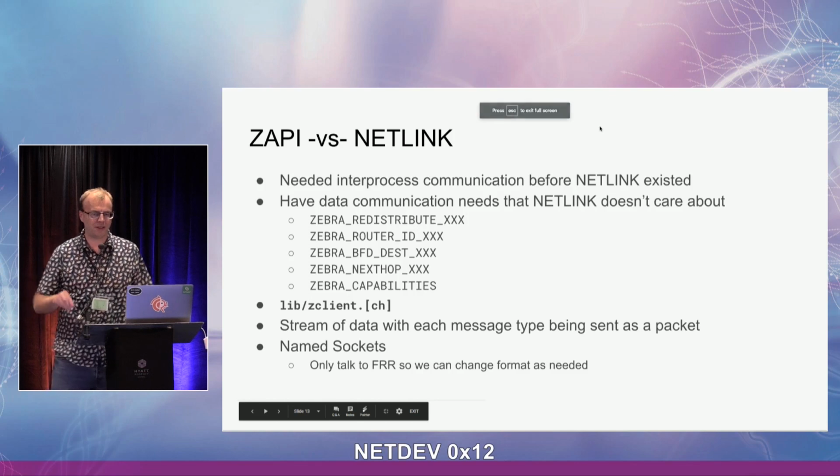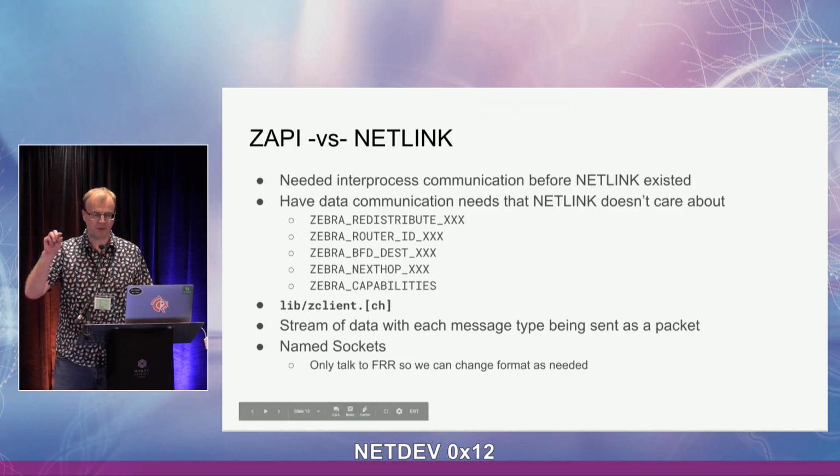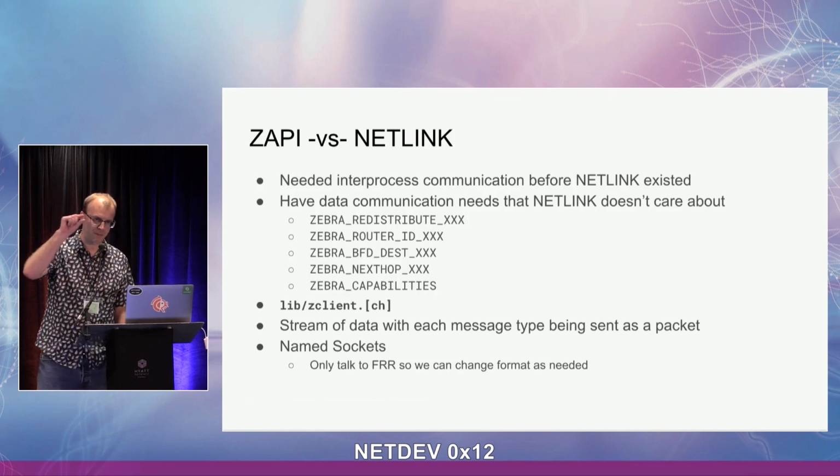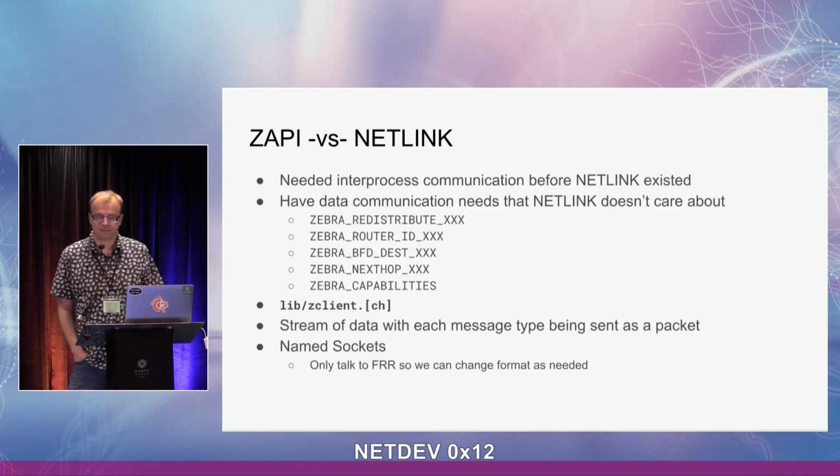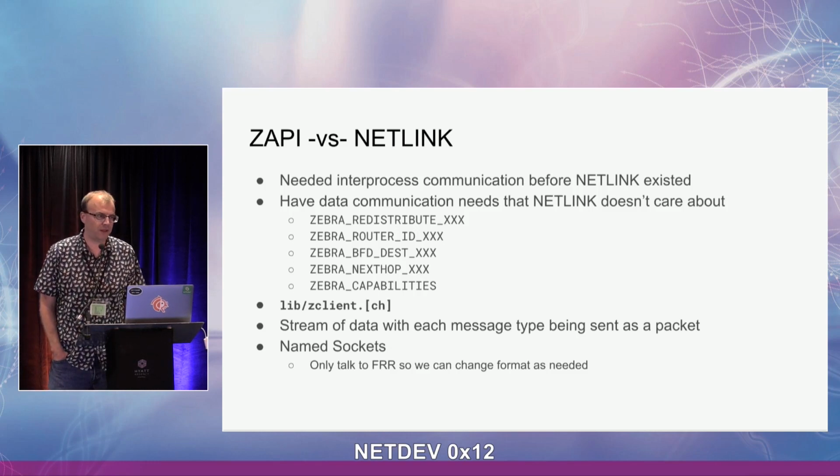So in the previous slide, if we looked at it real quick, the ZAPI protocol was referenced. That's the protocol that Zebra and all the routing daemons use to talk to each other. So why didn't we just use netlink? That's a question that I get sometimes as well.